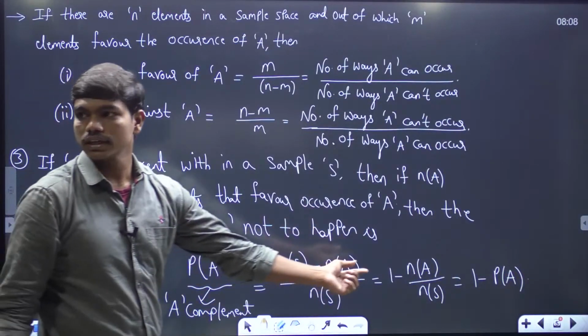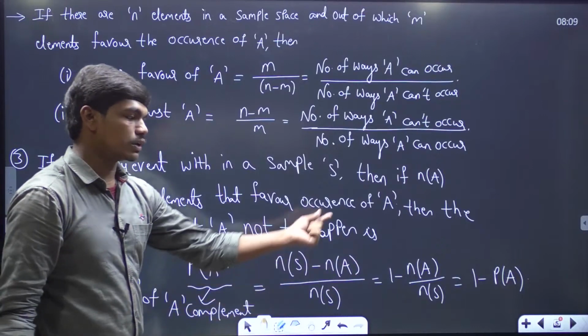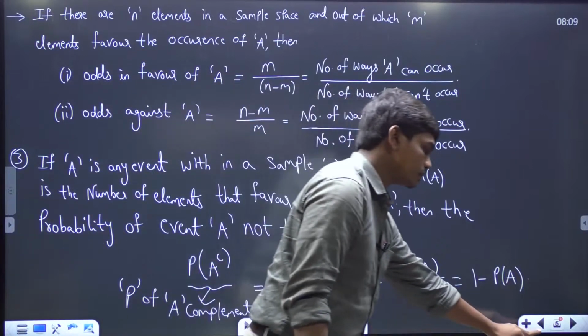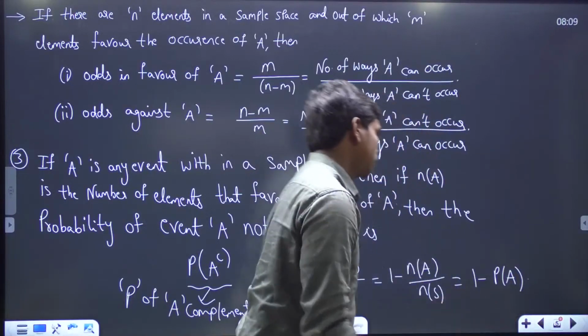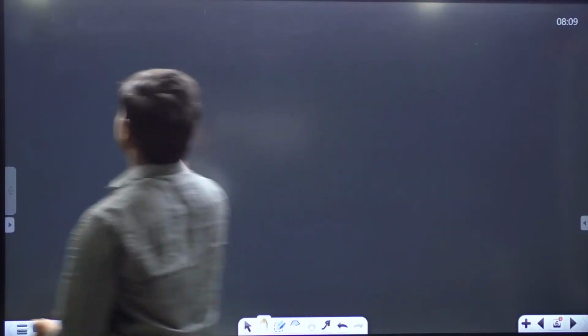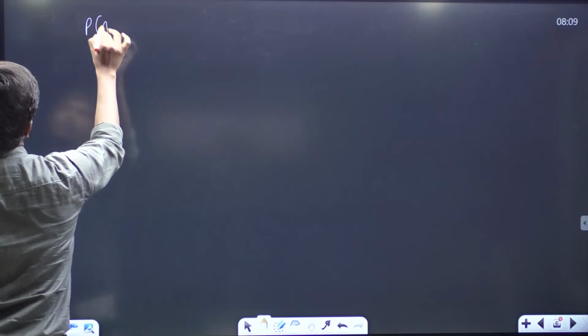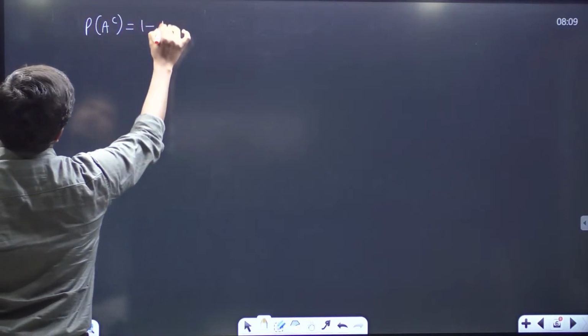So P of A complement is equal to 1 minus P of A.